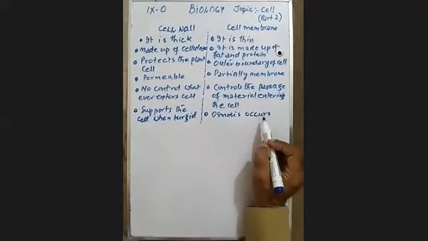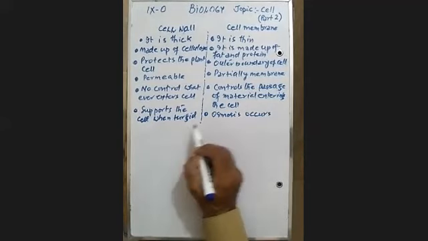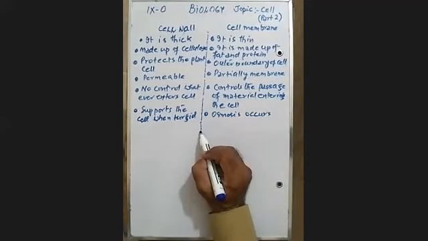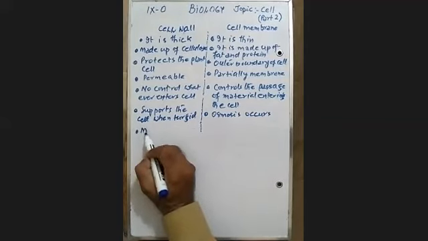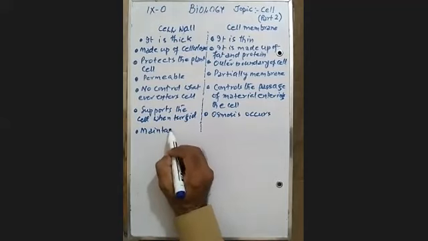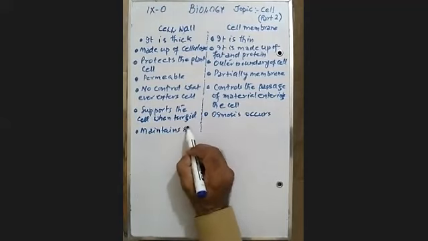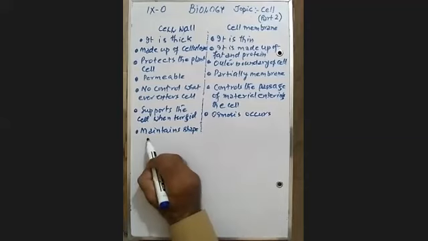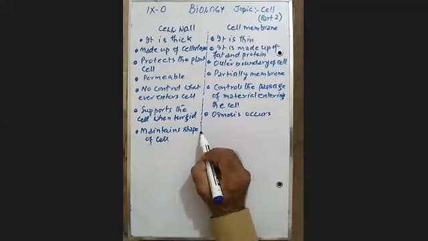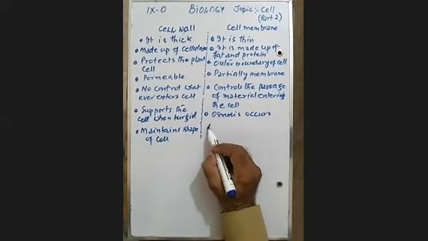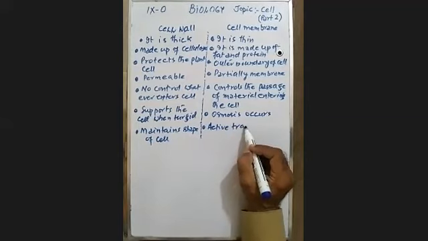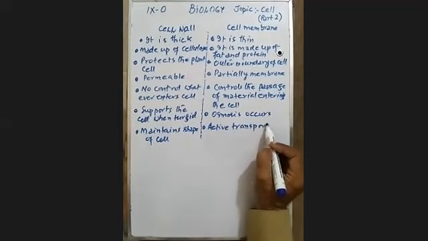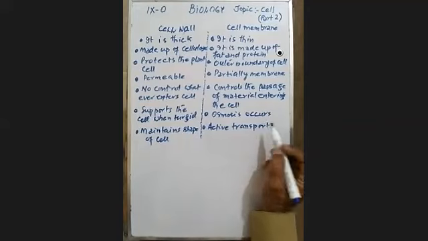Through the cell wall, osmosis occurs, but in the cell membrane osmosis does not occur. It supports the cell when the plant becomes turgid. It gives and maintains the shape of the cell. And here, active transport also occurs in the cell membrane.